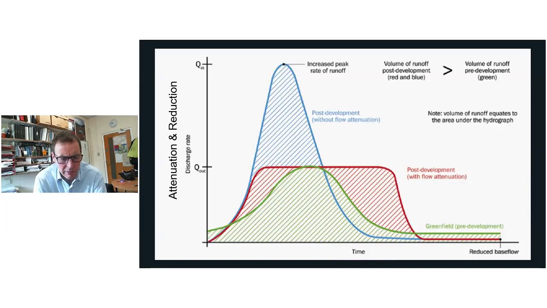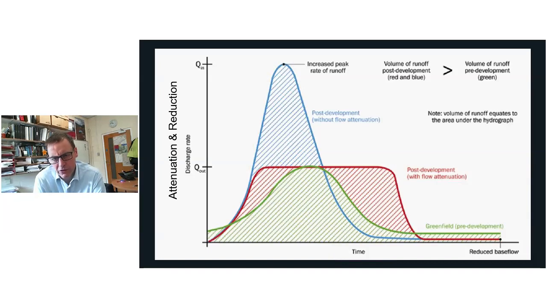Now, why I chose this diagram is it's also got the red line. The red line is designing an urban drainage system with attenuation in it. So that's storage, basically, but there's no infiltration. We can design a drainage system with storage so that the peak flow going to the river is no greater than the greenfield runoff rate.